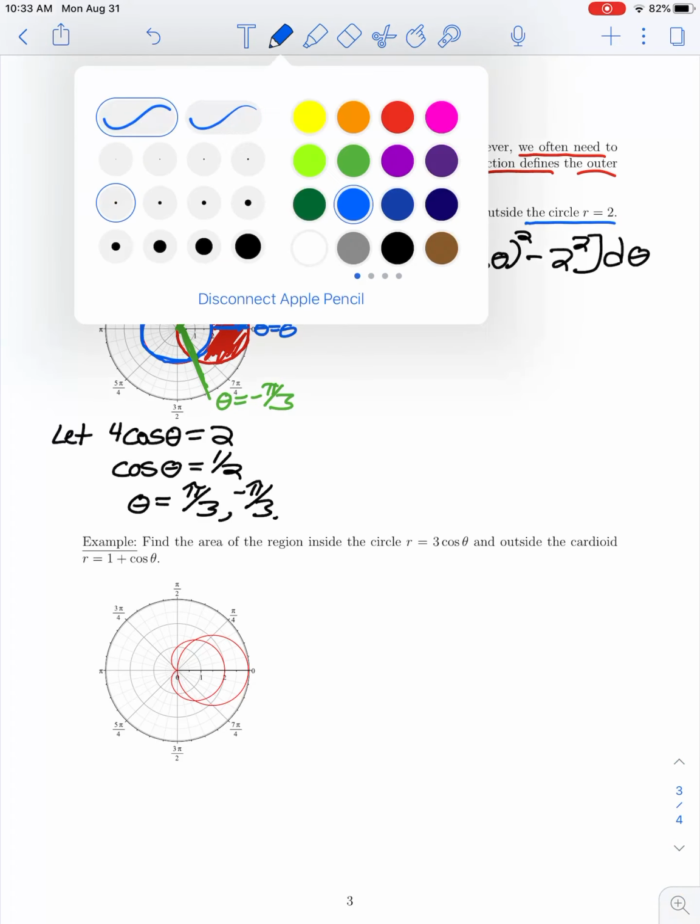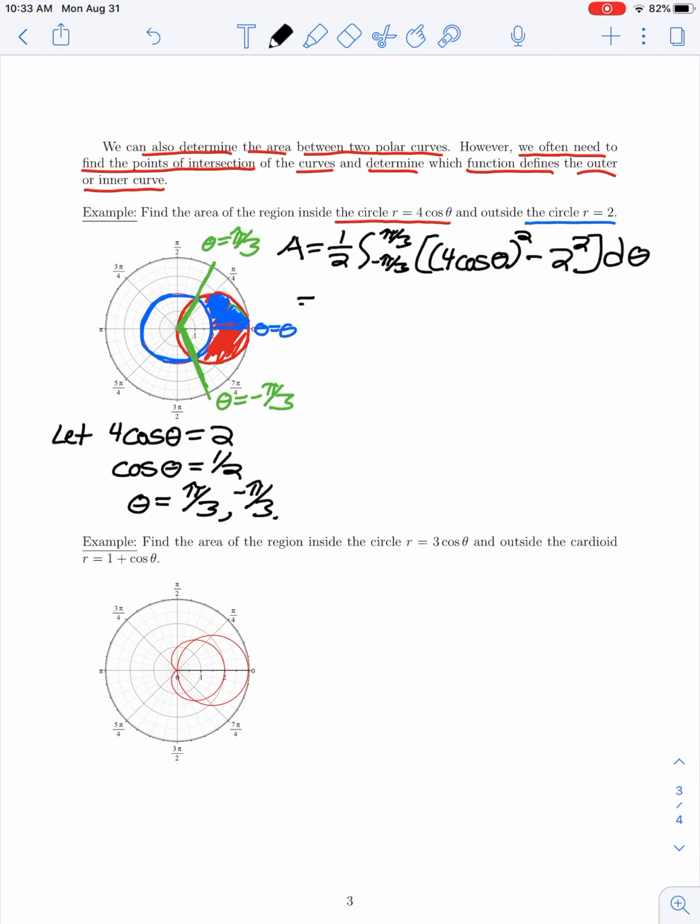So by using symmetry of this region, I could take twice the area of that half of this crescent, which would be given by half the integral from 0 to pi over 3 of my function, which if we square this, we have 16 cosine squared theta minus 2 squared, or 4, d theta.